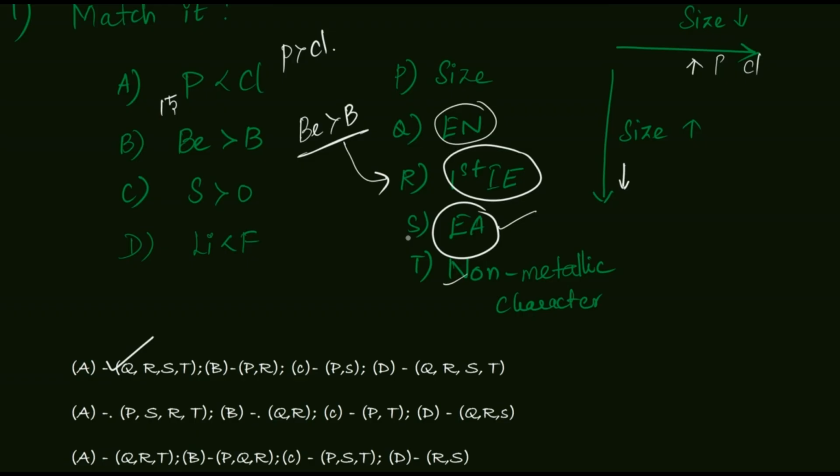And then talking about sulfur and oxygen. Sulfur is having bigger size than the oxygen. And other properties: sulfur has more electron affinity than oxygen.